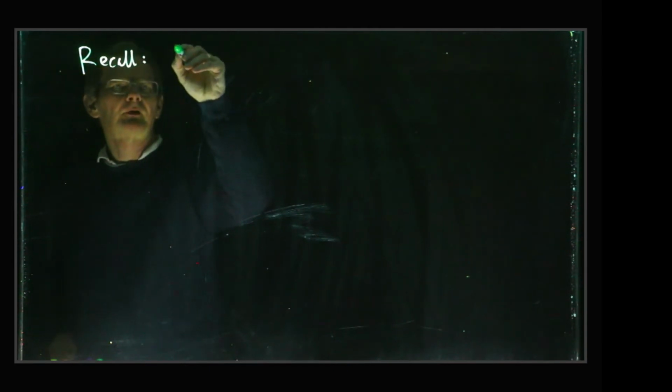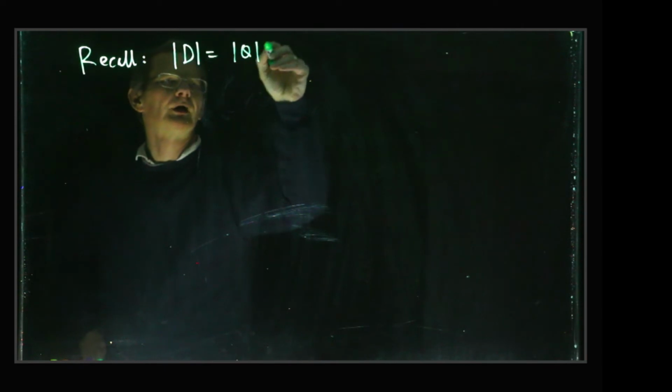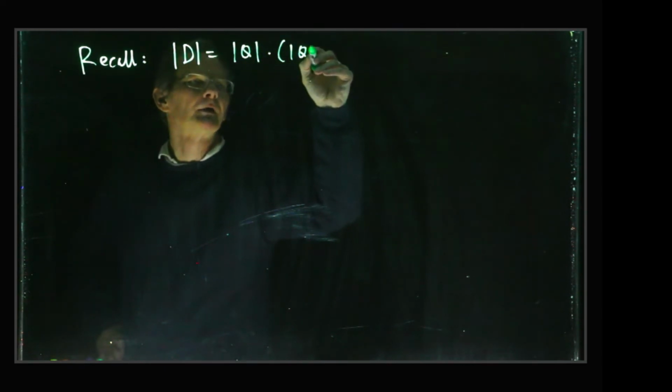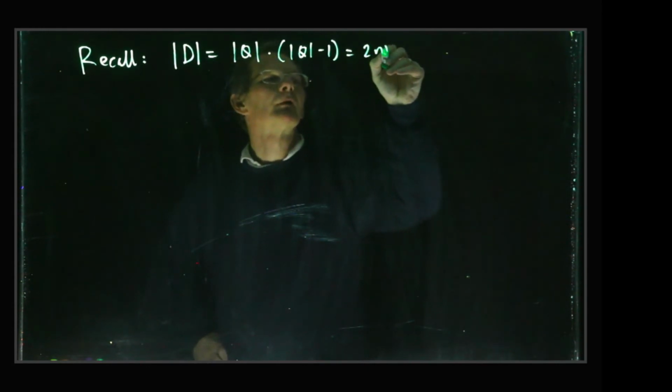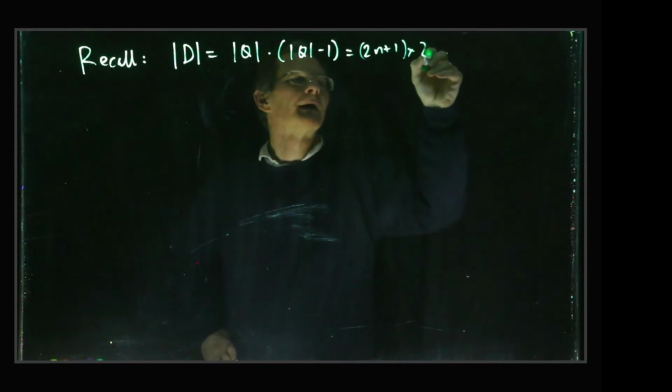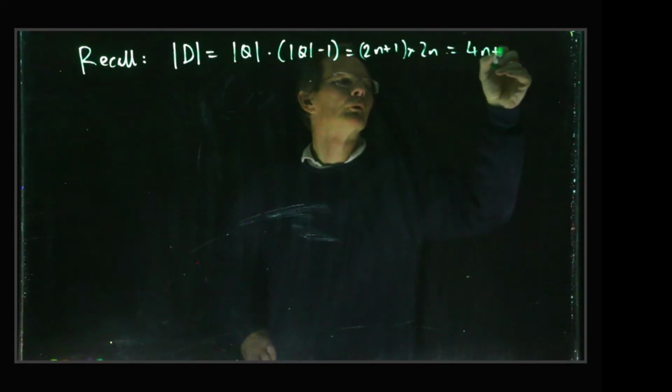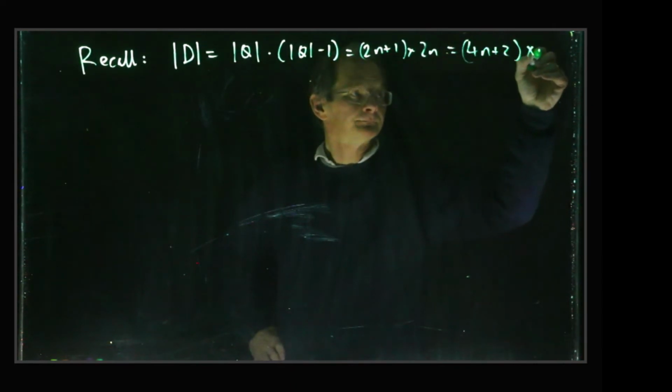Okay, so now let's recall we had that the size of D was the size of Q times the size of Q minus 1, which is (2n plus 1) times 2n, which is (4n plus 2) times n.